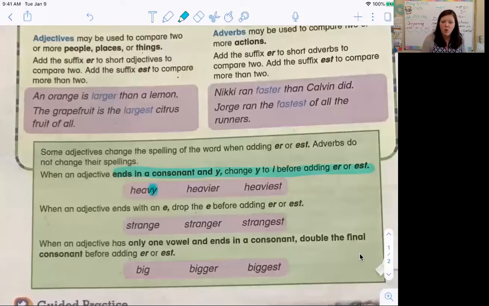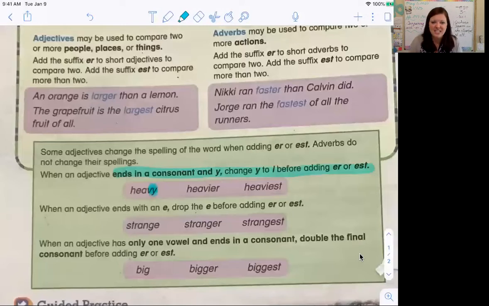I highlighted both the Y and the V. Because there is a consonant that comes before the Y, we must change the Y to an I and add ER. Woo, this backpack is heavier than the other backpack. Or what if we have 3 backpacks? One could be the heaviest of them all.